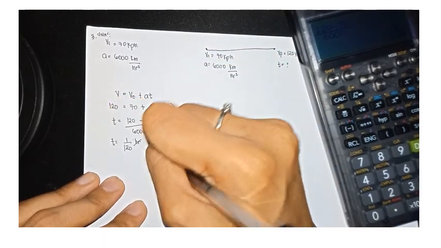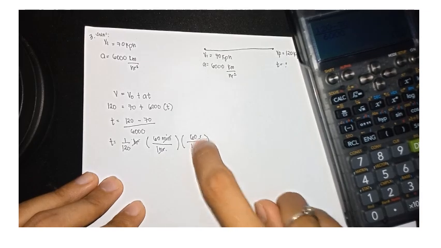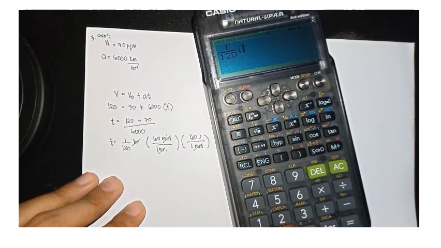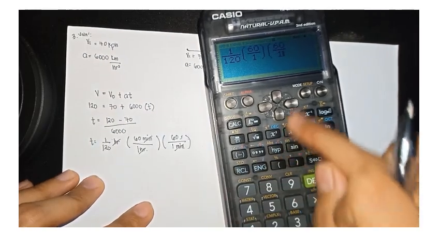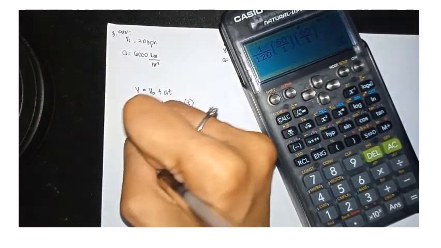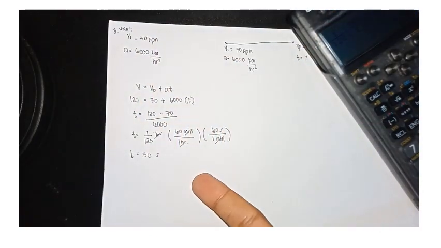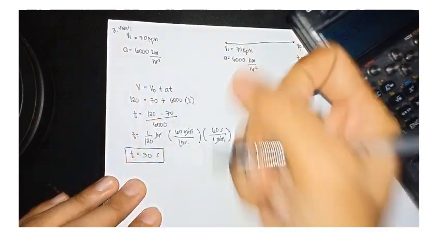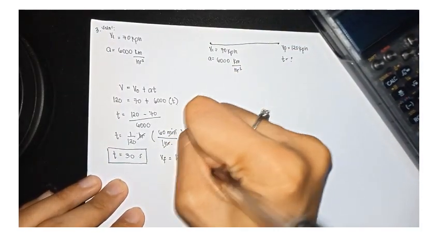We can cancel the hours and minutes, and seconds is the only unit left. So the time is 30 seconds, meaning after 30 seconds the final velocity is 120 km per hour.